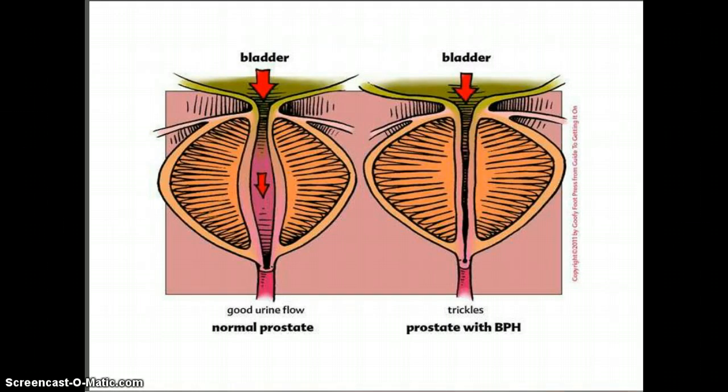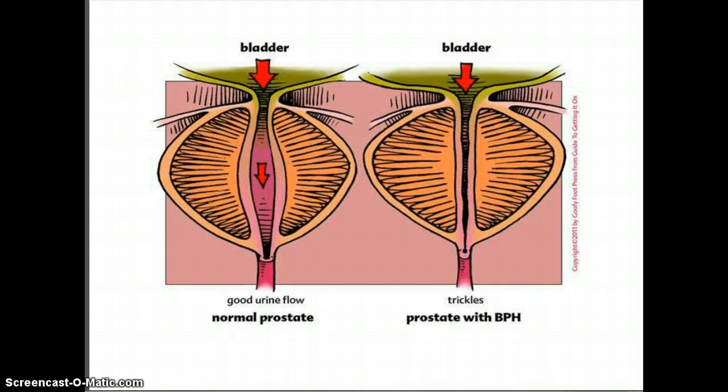All right, here again is the normal prostate and its relationship to the urethra in the male, not the ureter, the urethra. And with benign prostatic hypertrophy, a trickle of urine would be produced rather than a good normal urine flow.